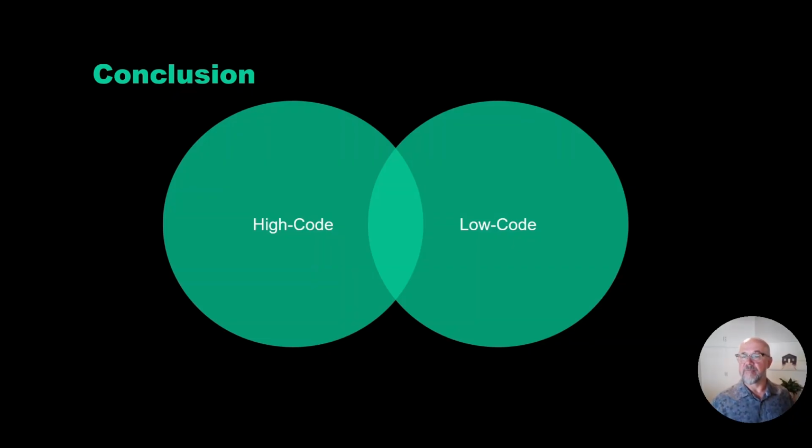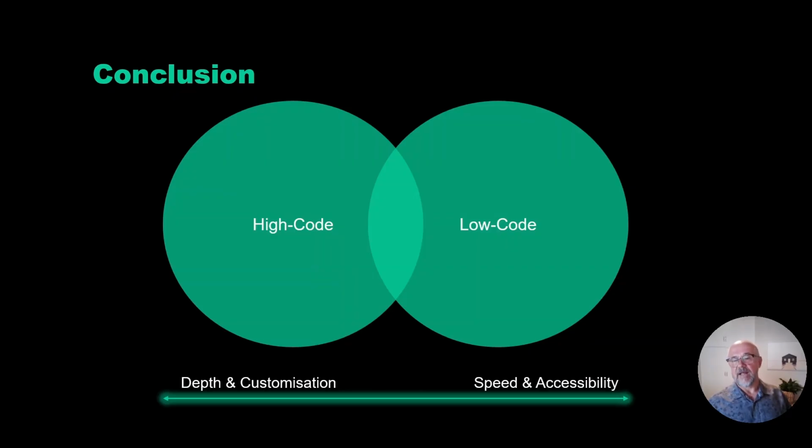Traditional coding will remain the backbone for complex, high-performance, intricate systems like AI models or low-level hardware integrations, etc. Low-code platforms, meanwhile, will dominate rapid, standardized app development, empowering developers, that's coders as well as non-coders, to accelerate business solutions. Together they'll coexist, traditional coding for depth and customization, and low-code for speed and accessibility.